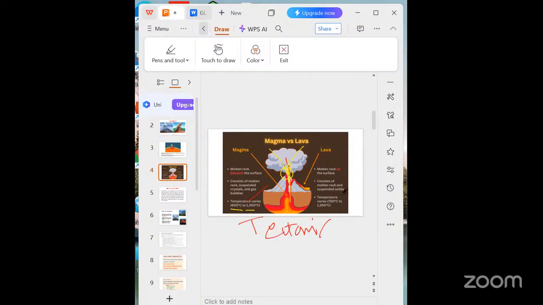Its temperature ranges between 700 degrees Celsius and 1200 degrees Celsius. The exact temperature depends on the type of lava and how long it has been exposed to cooler atmospheric conditions. So this is the temperature of magma and lava, and now composition.